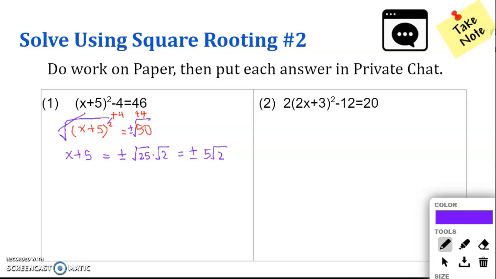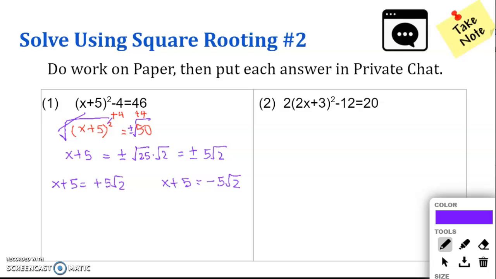Now I rewrite the two equations separately. x plus 5 is equal to the positive version, which is plus 5 root 2, and x plus 5 is equal to the negative version, negative 5 root 2.